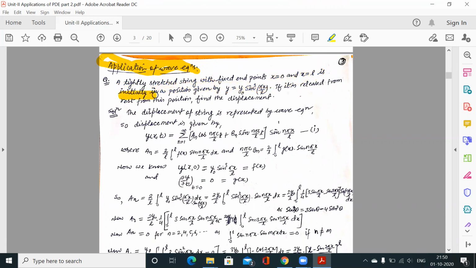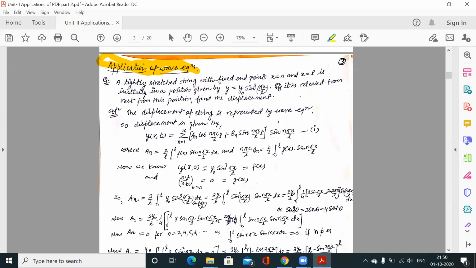So initially the string is in the position given by this, meaning sine cube pi x by l is our fx. If it is released from rest, that means initial velocity is 0. Clear? Means initially there is no movement.